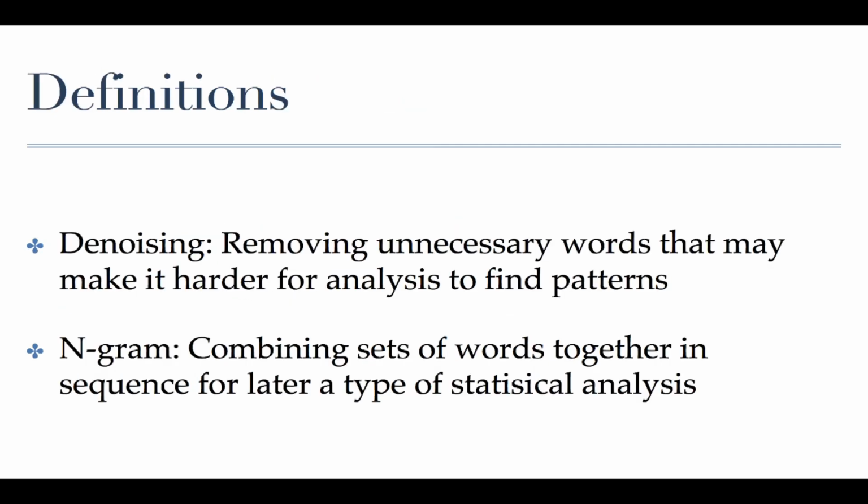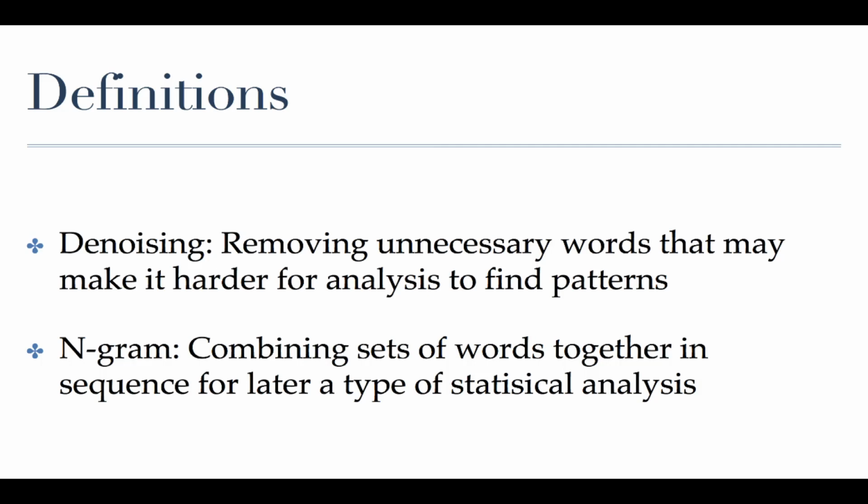So what are our definitions? First, what is text denoising? Basically, text denoising is removing words that are super repetitive or exist in so much of the English language that they render themselves basically useless for analytics.